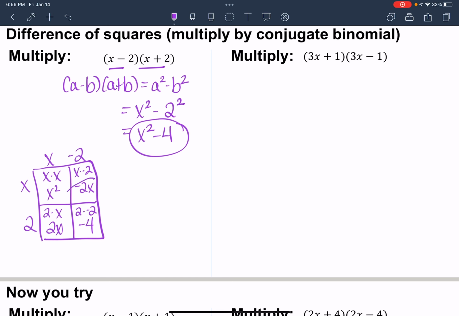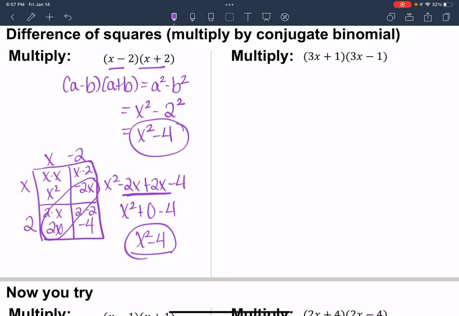So now these are my two like terms that combine. So I have x squared minus 2x plus 2x minus 4. So you see here, these middle terms are equal and opposite, so they will add up to 0. Negative 2 plus 2 is 0. So I have x squared plus 0 minus 4, which is just x squared minus 4. So you see, I get the same answer either way I do this problem.